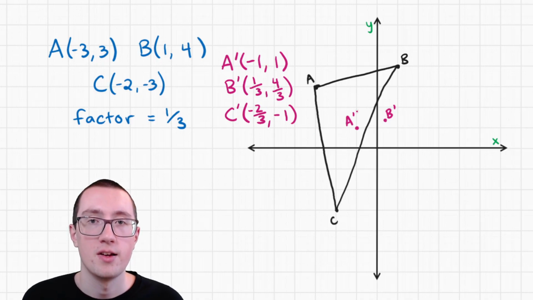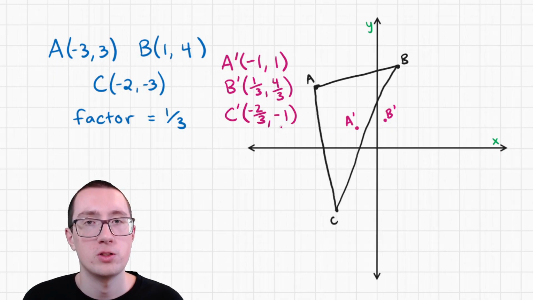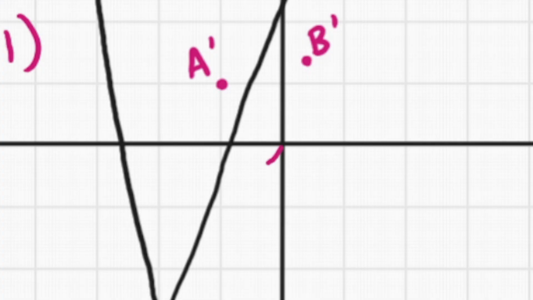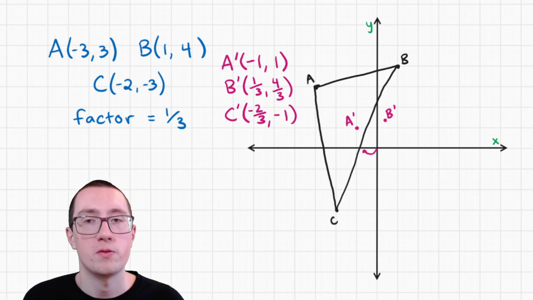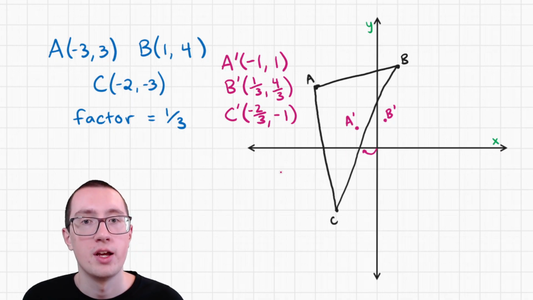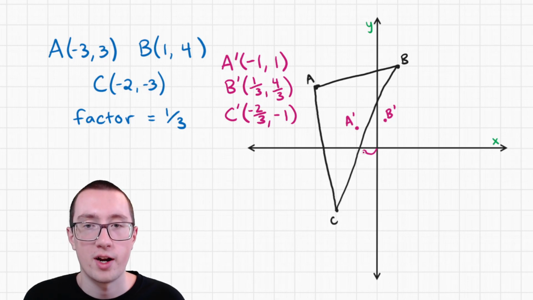X is left and right, and negative numbers go to the left. So we need to move 2/3 of a box to the left. That's going to be like most of a box, but not quite the whole thing. And then -1 for y. So y is up and down, and negative numbers go down. So we need to move 1 square downward. And our point C prime is going to be about right here.